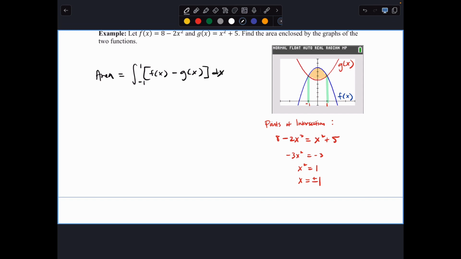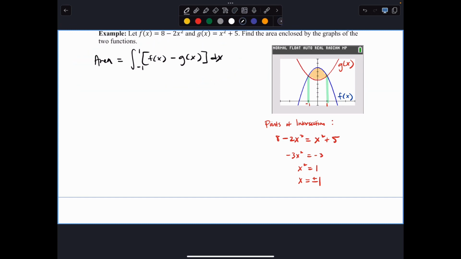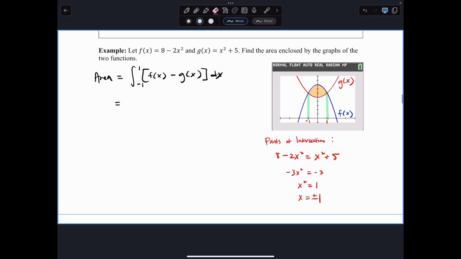And I always triple check that I've determined the correct top and the correct bottom function. And then this is something that you guys do know how to integrate. So replacing f and g with their rules: 8 minus 2x squared minus x squared plus 5.